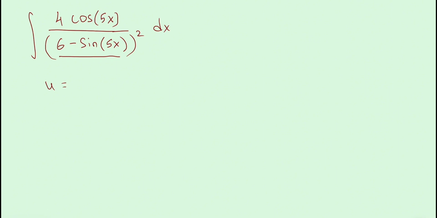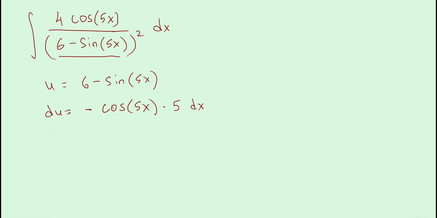So u would equal 6 minus sine of 5x. du would be, derivative of 6 is 0, derivative of sine, let's take this negative out first, derivative of sine is cosine, this would be cosine of 5x, times derivative of the inside function, which is going to be 5, dx.